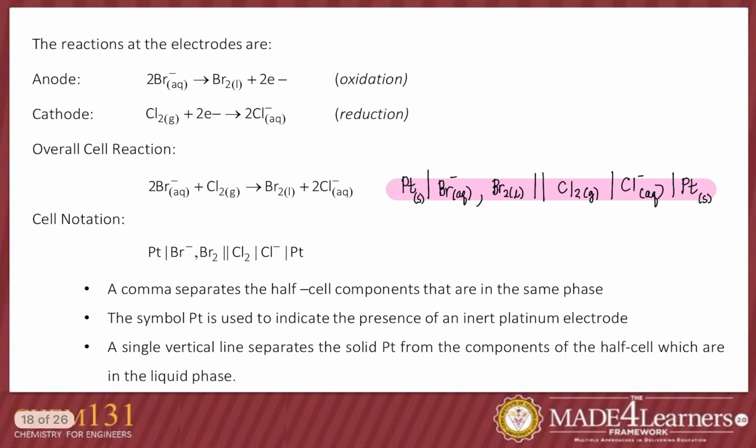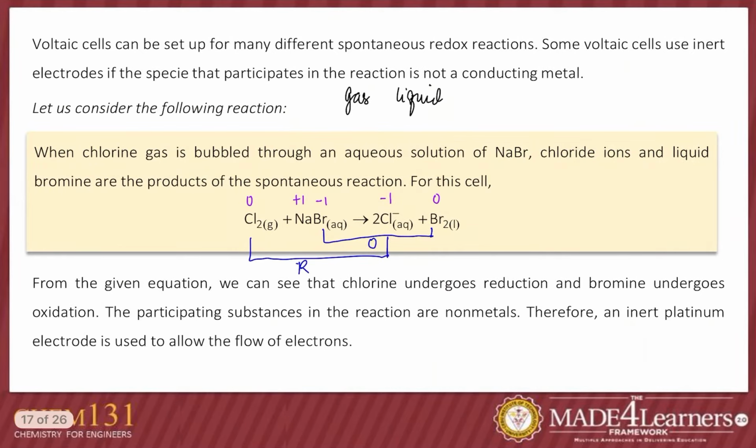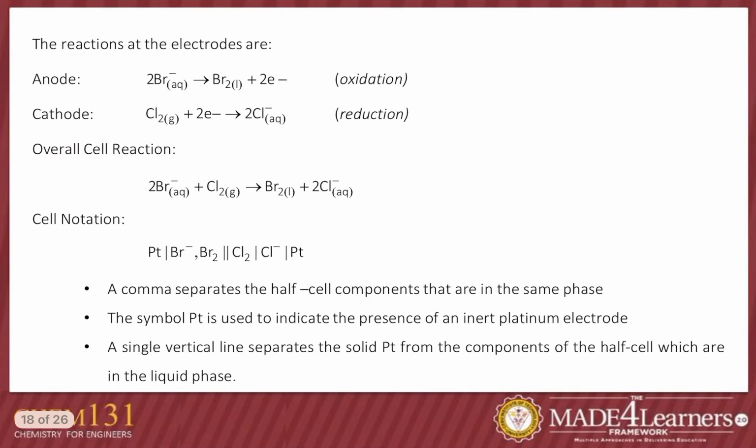So here, the reactions of the electrodes are, bromine undergoes oxidation and chlorine undergoes reduction. So if we draw the galvanic cell, there is a solution here. What do we put at the anode? The bromine.